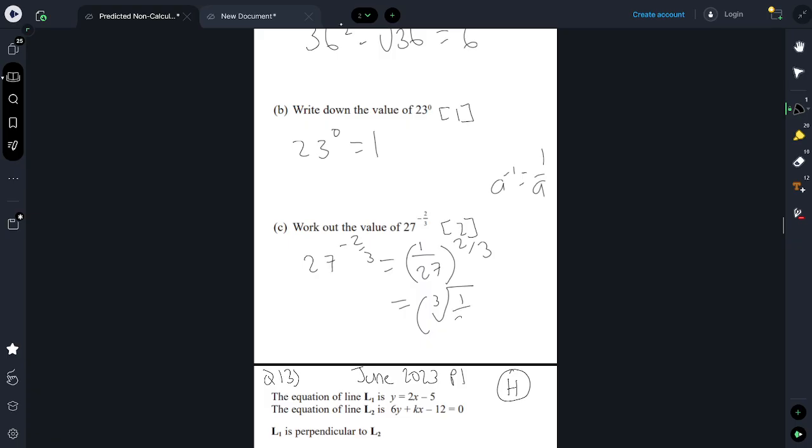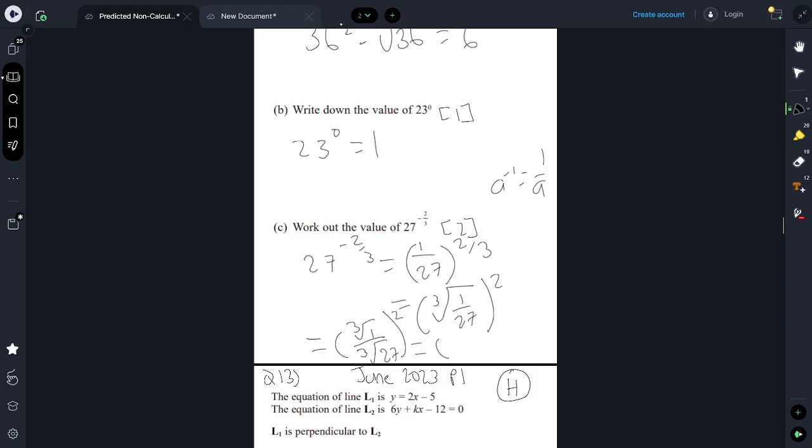So cube root the fraction 1 over 27. And that's going to be squared, right? So do the fraction bit first, which is the rooting. And then the top number is squaring it. Well, what's the cube root of 1 over 27? So we can split this up. So cube root of 1 over cube root of 27. So cube root both top and bottom.